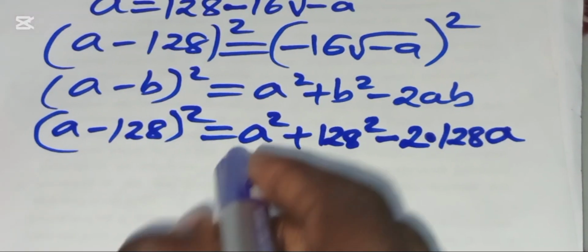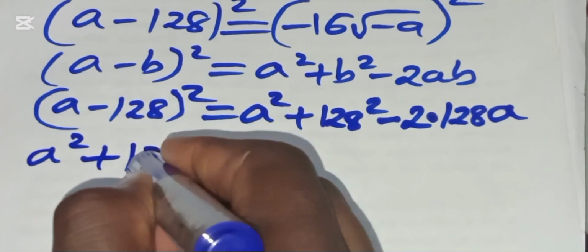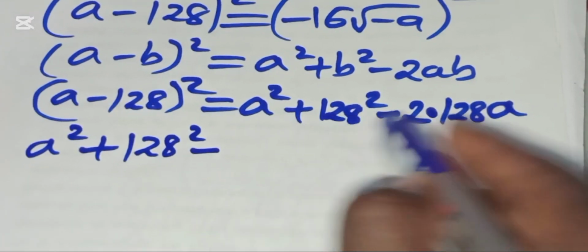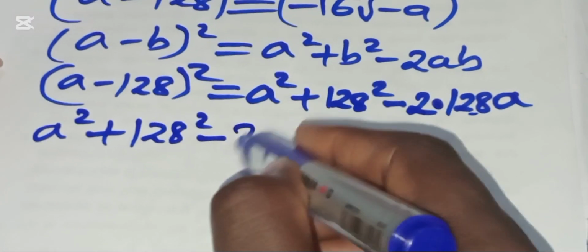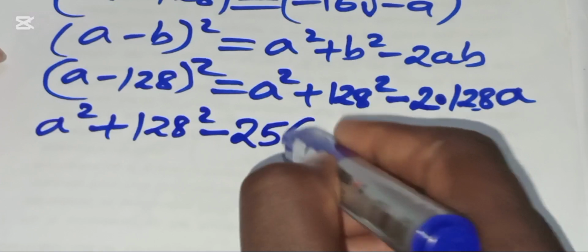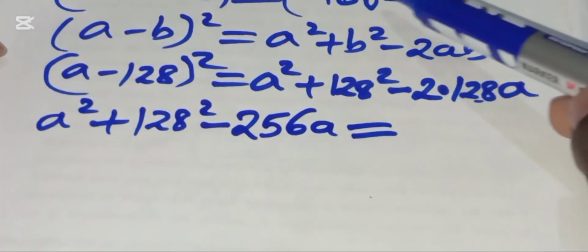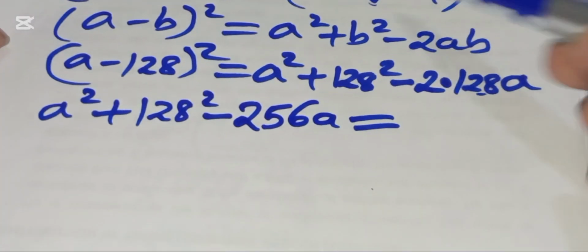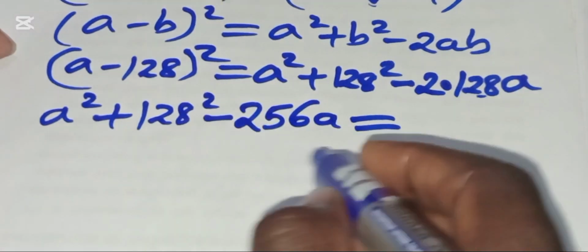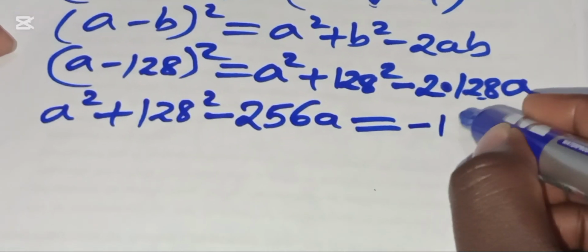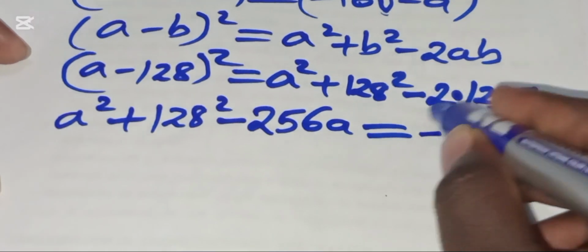So this is a squared plus 128 squared subtract 2 times 128a, which is 256a, and this is equal to negative 16 square root of negative a squared. If you square this, it is the same thing as squaring negative 16 and the square root of negative a squared.